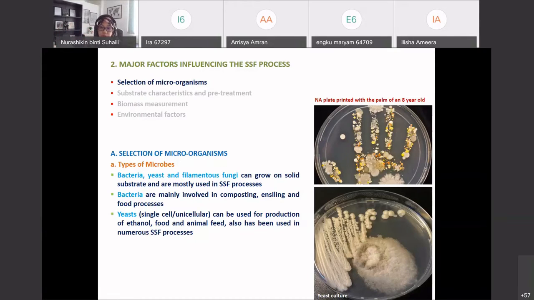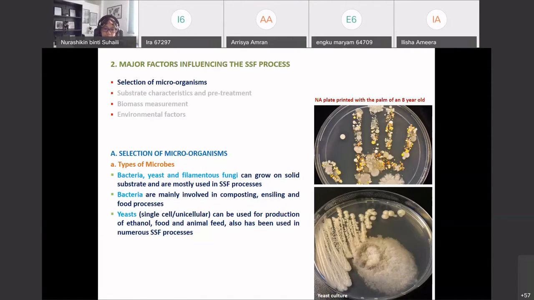And also the morphology is different. Morphology is the physical characteristics. If you observe all those microbes under the microscope, you can see different morphology, different features, different appearance. Morphology is physical appearance.